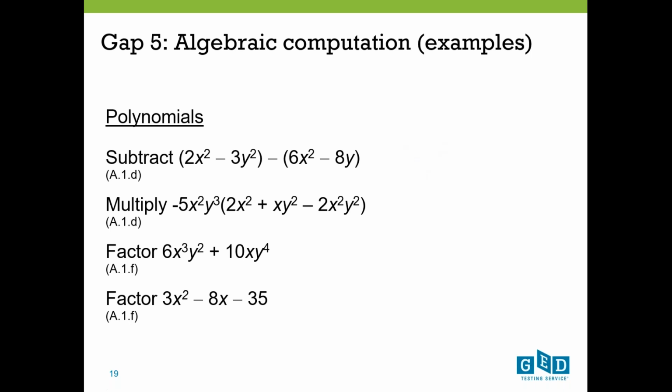Okay, here's some more examples with polynomials. You'll notice that they are remarkably similar because the skills themselves are essentially the same. It's just the type of expression that is different. I will call your attention to the first item where in the first set of parentheses we have a 3y squared, but in the second parentheses we have an 8y.